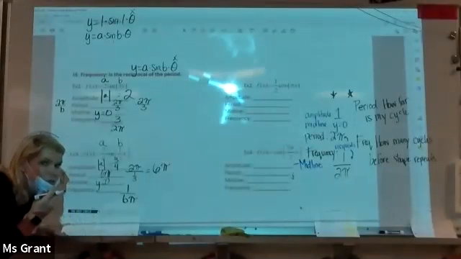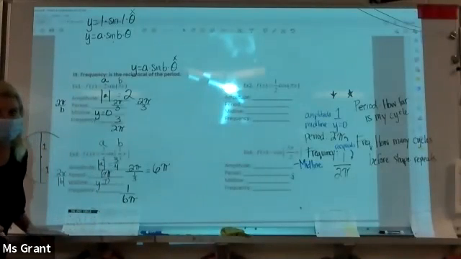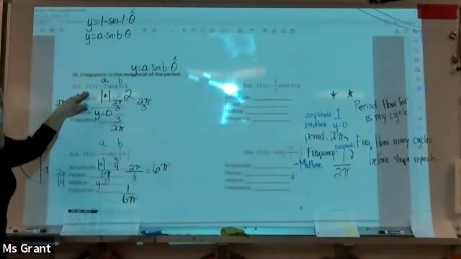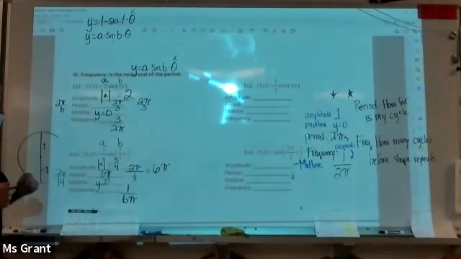Because 6 pi is really far away. 6 pi is like 3 times around the unit circle. Okay, so this is just practicing. If given a function without graphing, can you identify the key features? 1 and 3. We're just doing sine today.